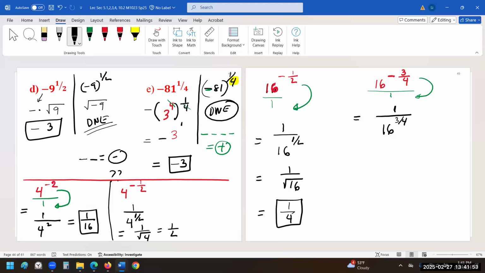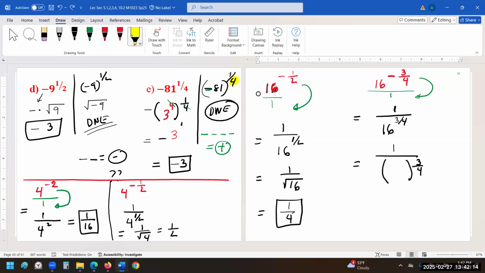And now comes the second problem, the 4. How do we get rid of this 4? What can we do so that the 4 will get cancelled out? We rewrite 16. 16 is 2 to the power 4.